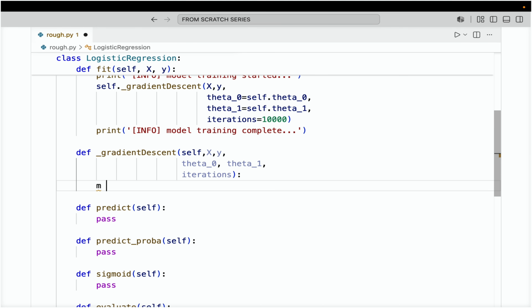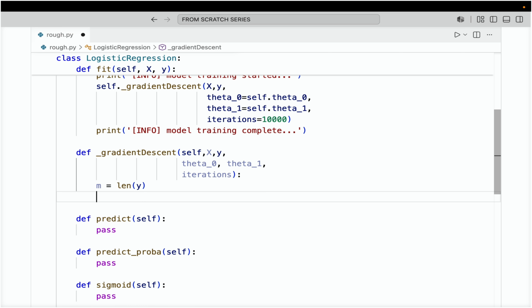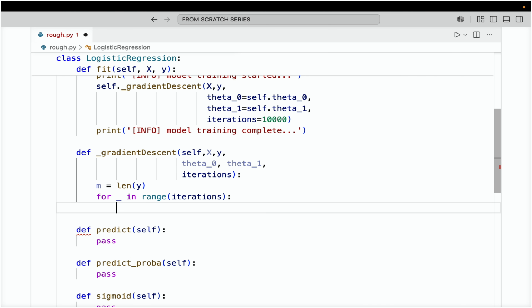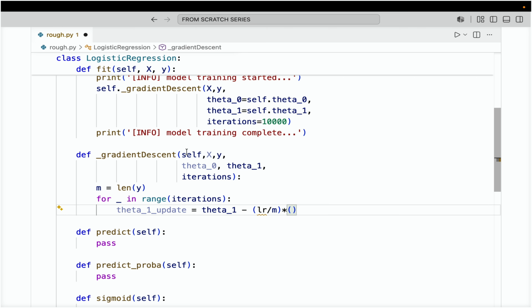Let's get started. m is going to be the length of y, and for each item in the iterations, let's go ahead and do the theta 1 update, which is going to be alpha, thinking of alpha, minus LR by m star. Did I miss an LR? Yep, I did.